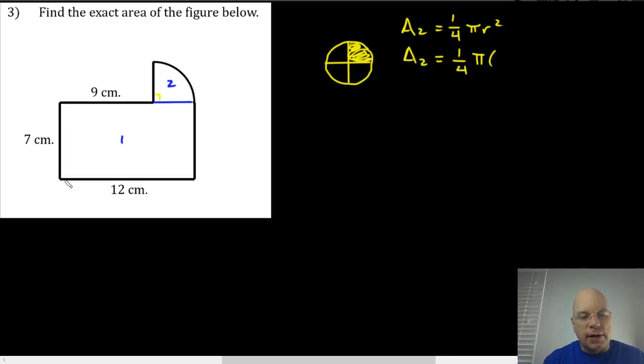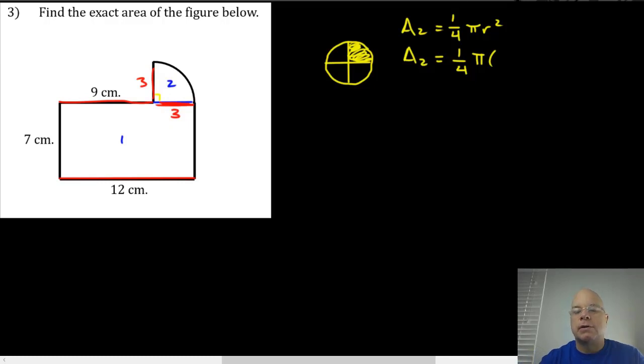For the radius, you have to recognize that if this distance is 12 and this distance is 9, then this distance must be 12 minus 9 or 3, because the 9 and the 3 have to add up to this 12. So if this is 3, the radius, the distance from the center to the edge of that quarter circle, is 3.